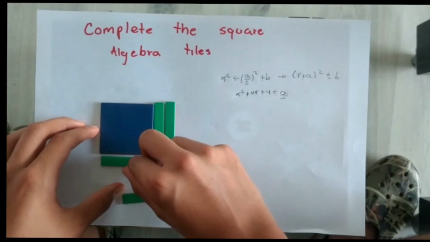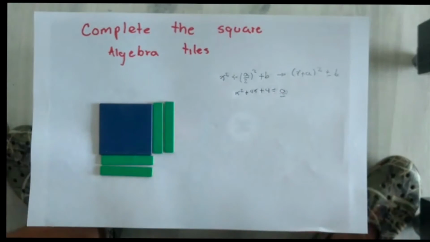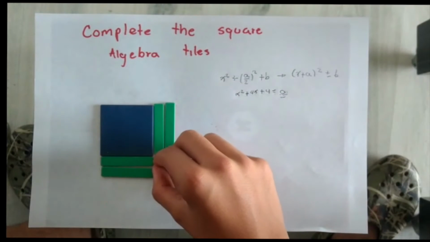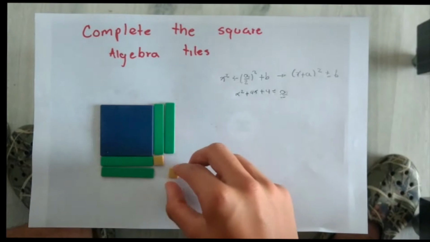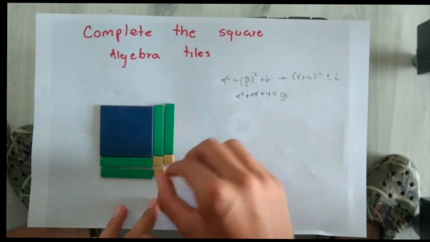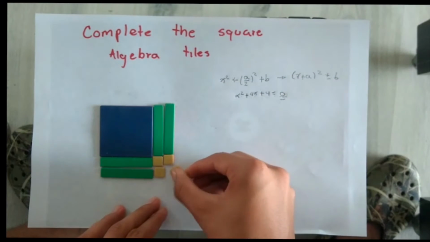Another one here. And we're just missing 4 positive little squares. So 1, 2, 3, and 4. 1 here, 1 here. So now we know, without doing this equation, that this is a perfect square.